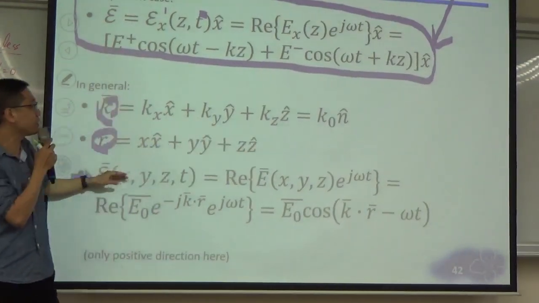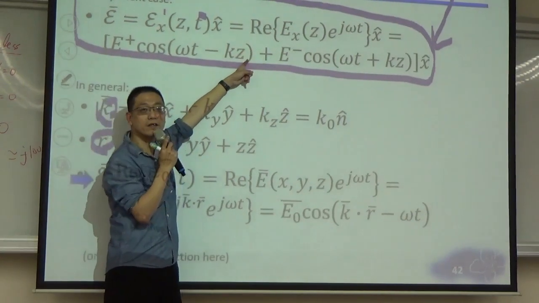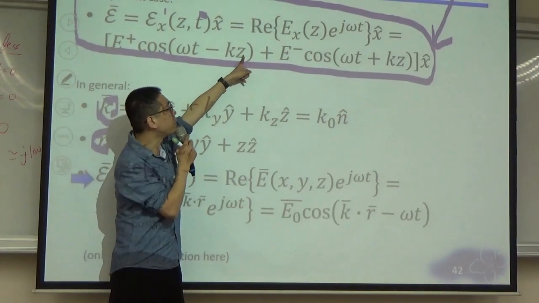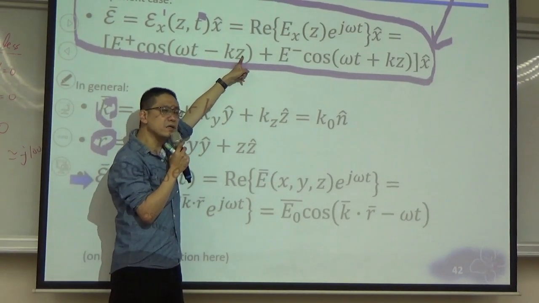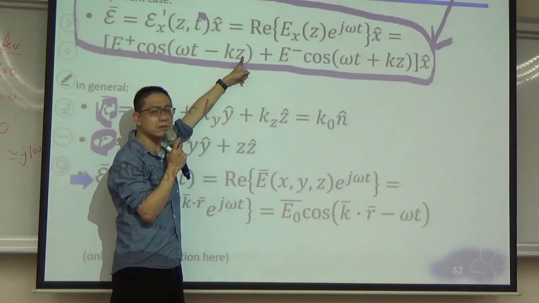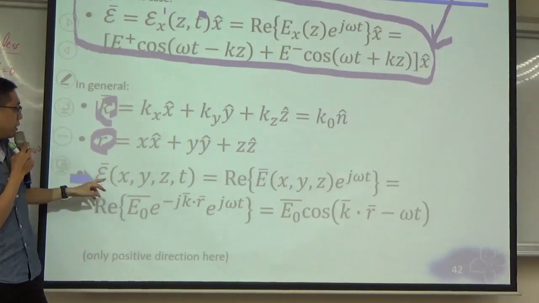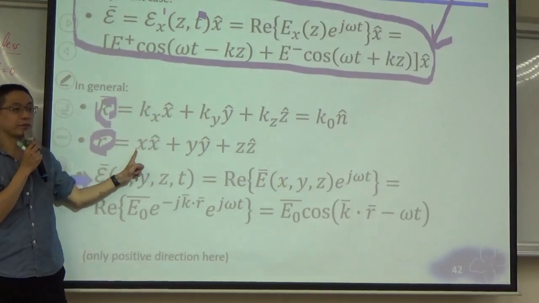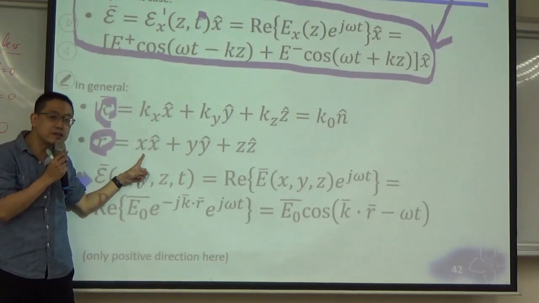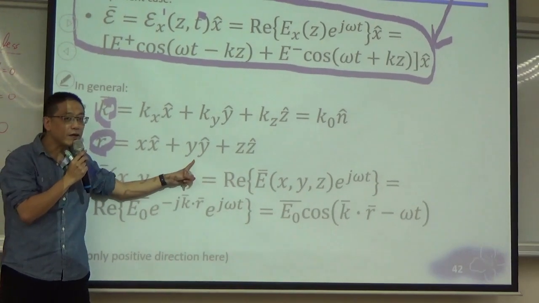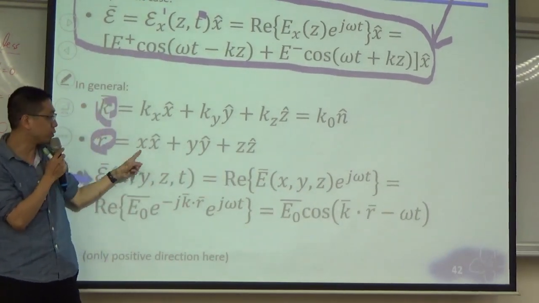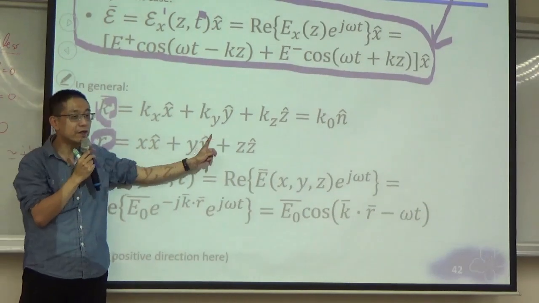Same thing for z here. When you think about z here, there's only z. But actually, if you have x, y, z, you need to consider not only x, but also y and z, and you need to put the vector here.